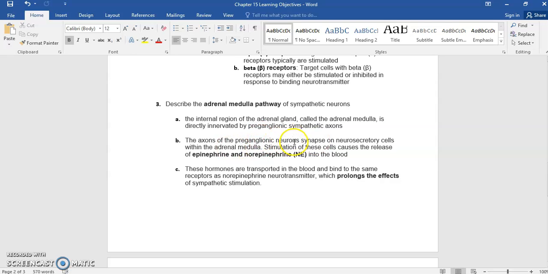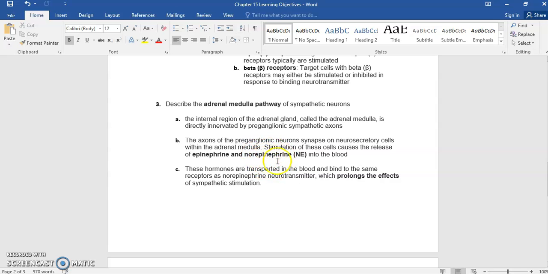So the preganglionic neurons of the sympathetic nervous system are going to release acetylcholine, and that will bind to the receptors on the neurosecretory cells of the adrenal medulla, and stimulate them to release their hormones. There are two hormones that the adrenal medulla cells will release: epinephrine is one, and norepinephrine is the other.